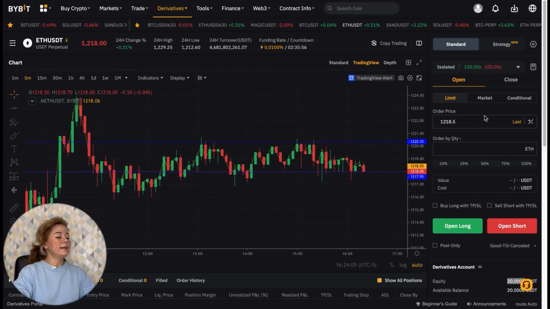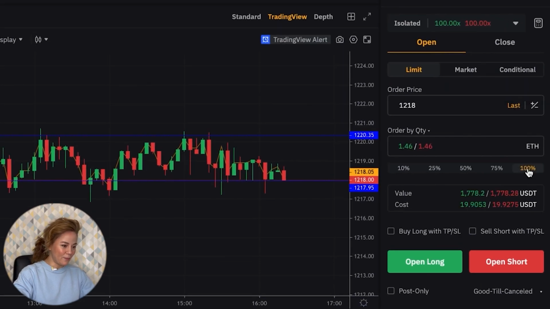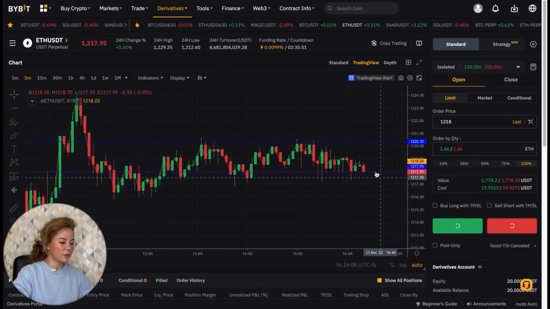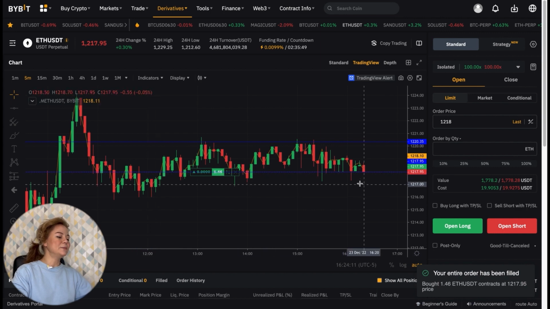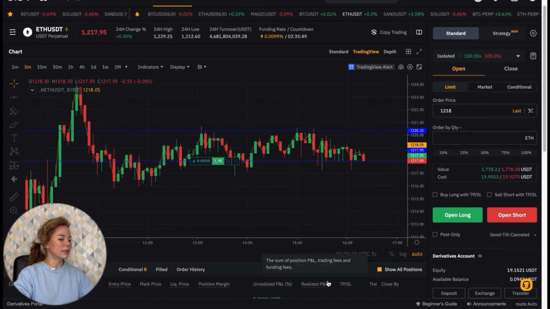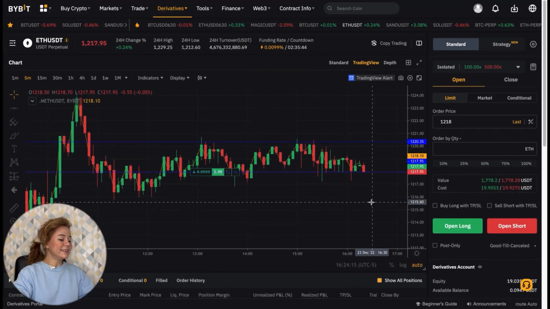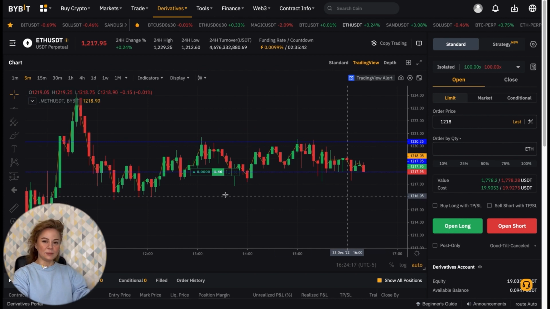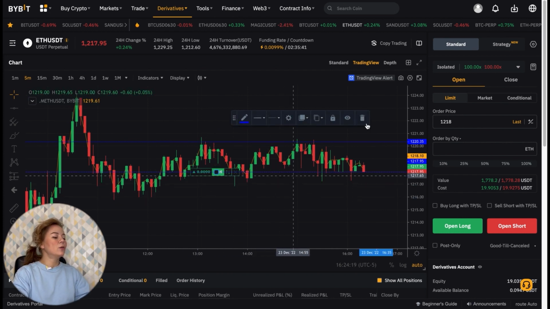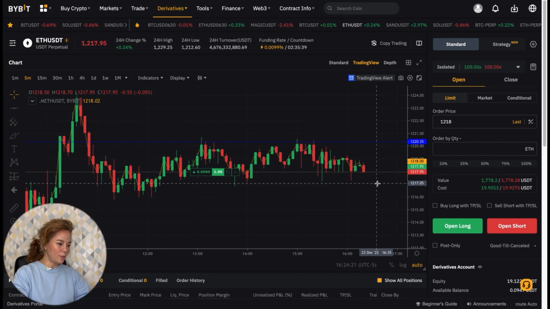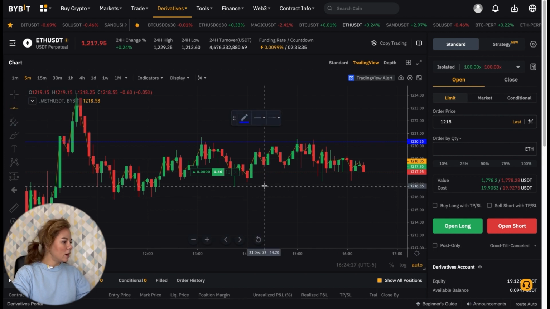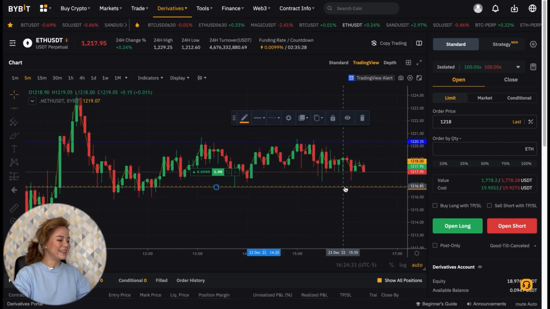As you can see, it is at the bottom border, which calls us for long, because we expect it to bounce up, which means the next line that we put should go lower, below our limit, and we put that aligned with previous low shadows. Let's make it orange.